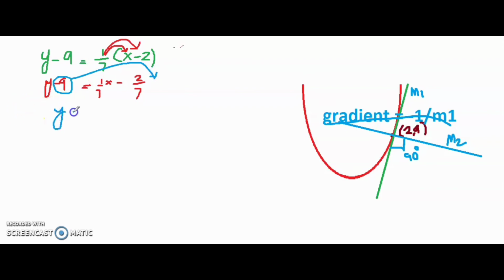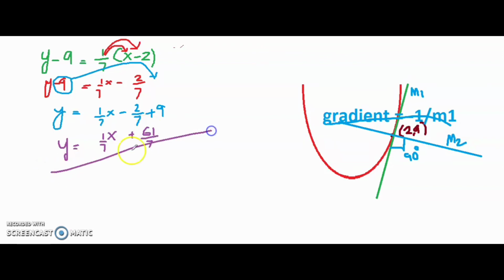For making y the subject, we get y is equal to 1 over 7x minus 2 by 7 plus 9. If you calculate minus 2 over 7 plus 9, we get y is equal to 1 by 7x plus 61 by 7 as the result. Okay, thank you.